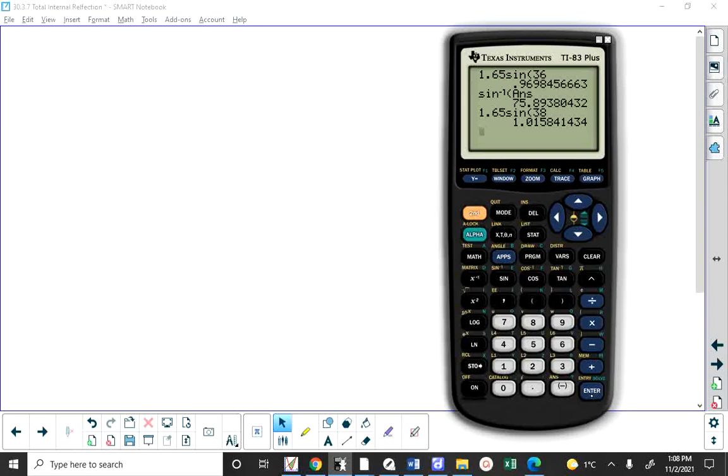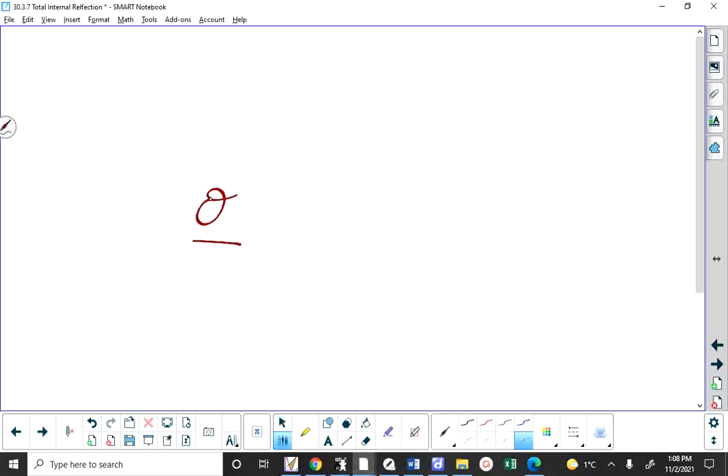For you just regular SOHCAHTOA thinkers, this is saying the ratio of the opposite side to the hypotenuse is 1.01 something, which is saying the opposite side is bigger than the hypotenuse. Well, that never happens. The hypotenuse is the longest side in a right angle triangle.